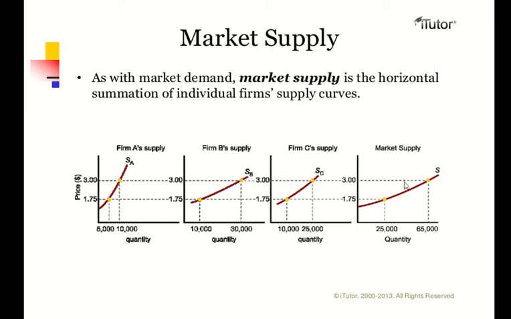So at $3, the market is willing and able to sell 10,000 plus 30,000 plus 25,000, which is 65,000. If you're interested, you can do it for $1.75, for example. So you do it for every single price level, then you will be able to derive the market supply.